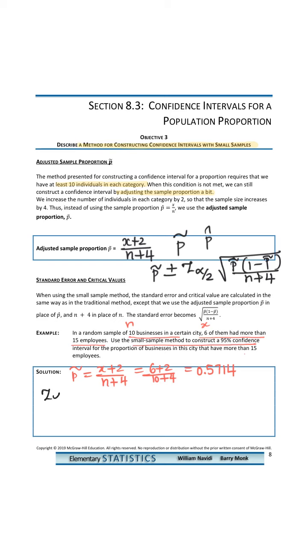The critical value is 1.96 for a 95% confidence interval. Use the above formula and replace these with these two values, and the one with the minus sign will give you the value 0.312, and the one with the plus sign will give you the value 0.831. That means p will be between these two values.